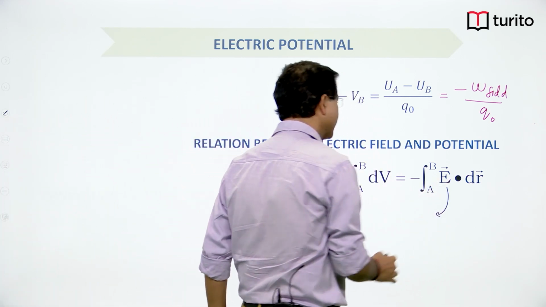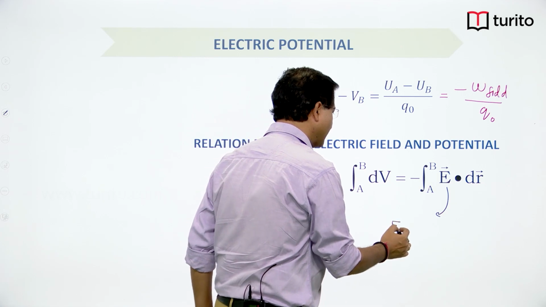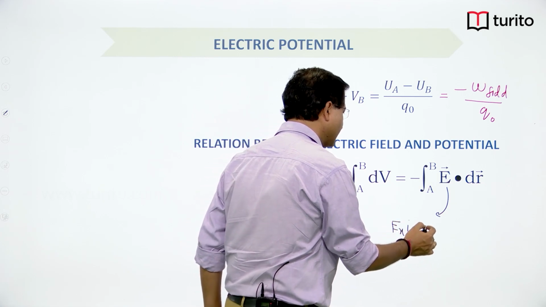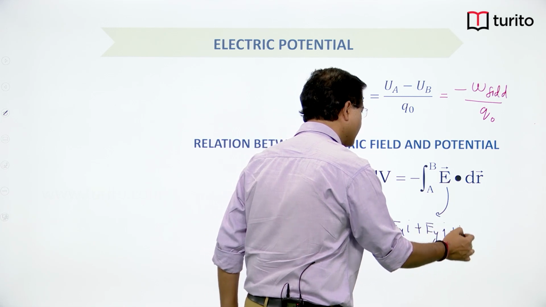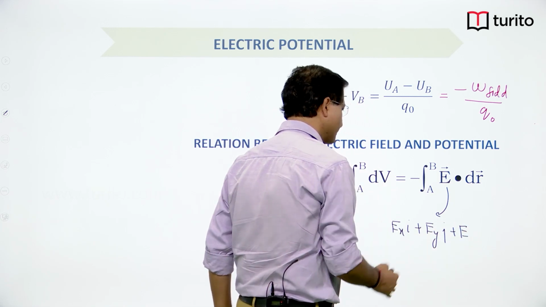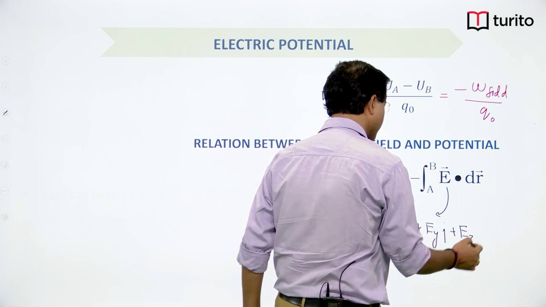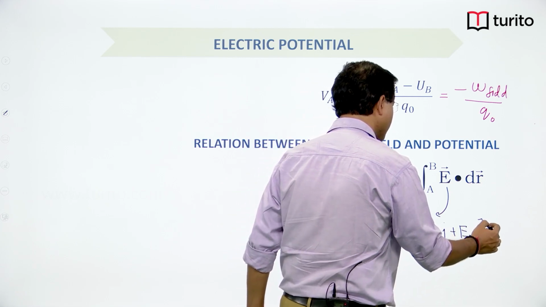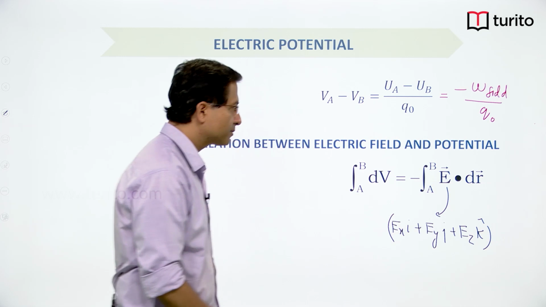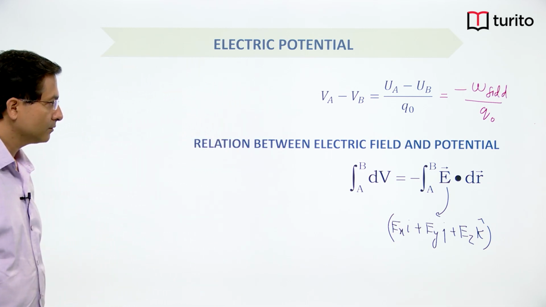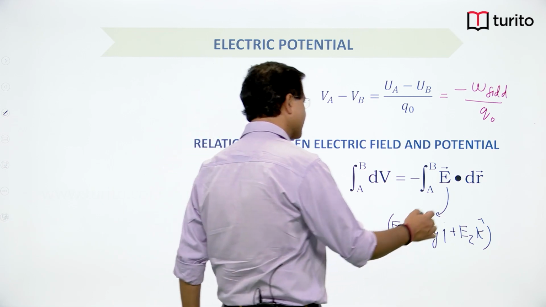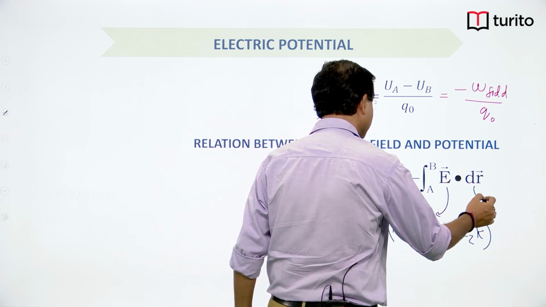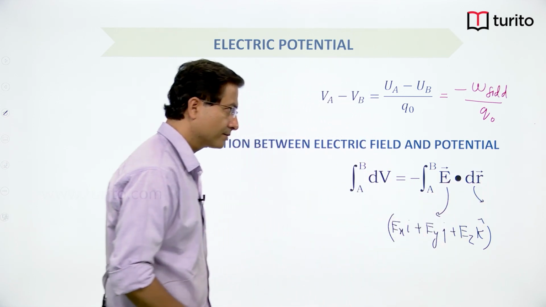in vector form. That means the electric field will have an x component, a y component and a z component in space, right, dot dr. Similarly, I can write dr in space.